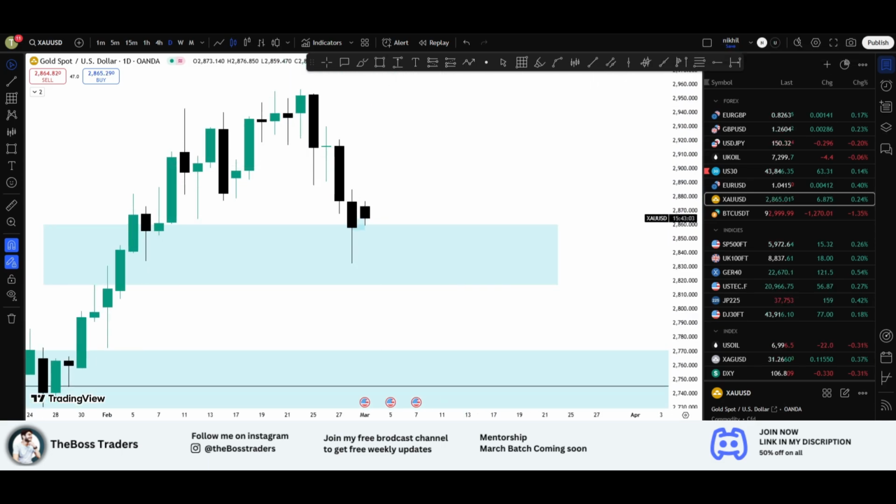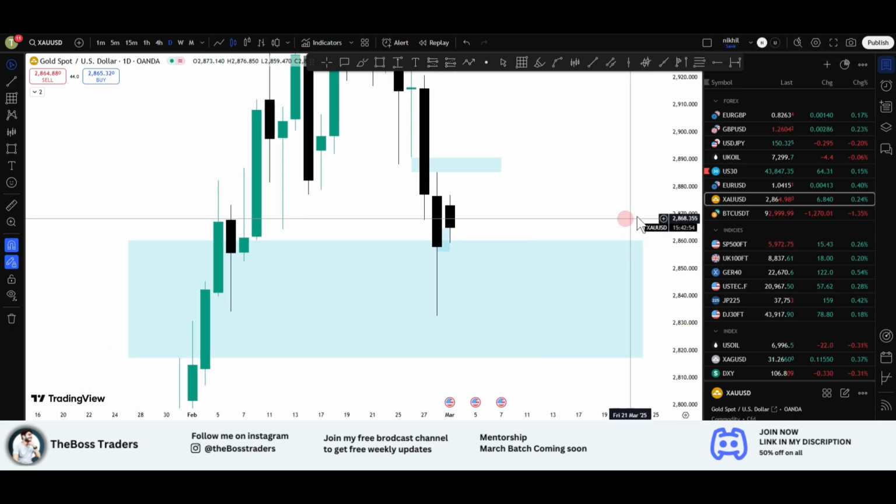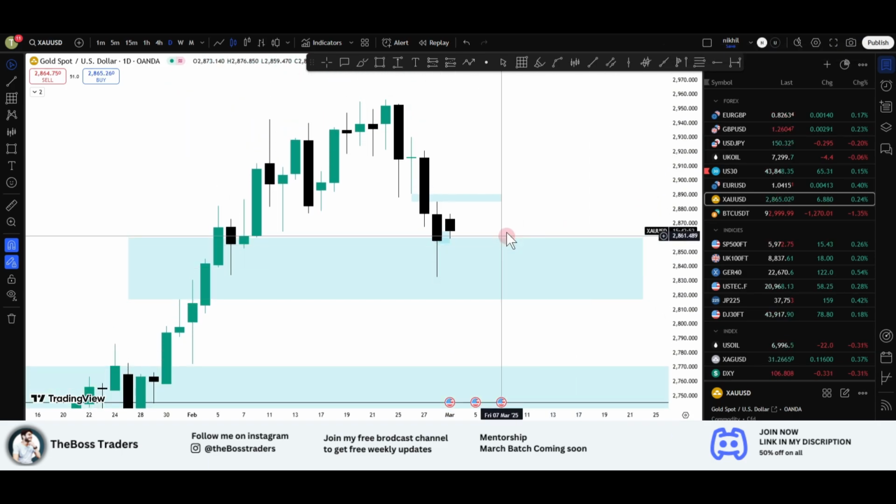Now let's look at the daily time frame. On the daily time frame, I have this bearish imbalance. Now we can use this information to make my decision. Should I go long or wait for price to break this weekly gap?